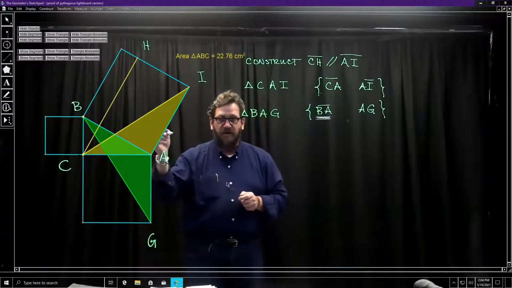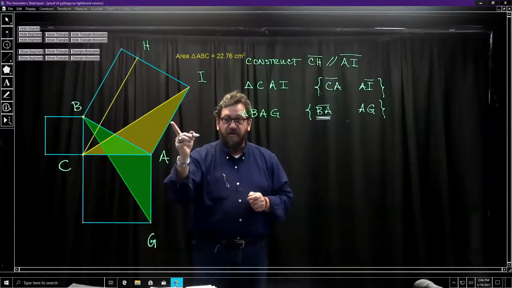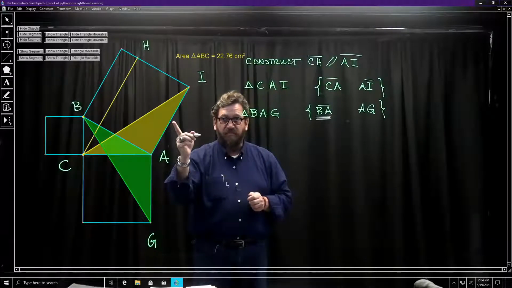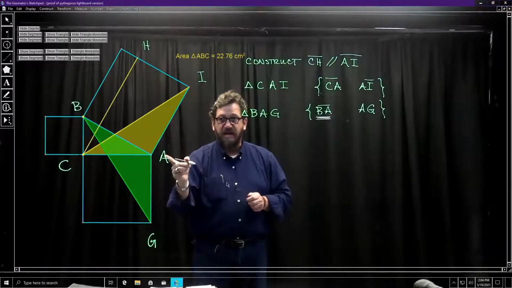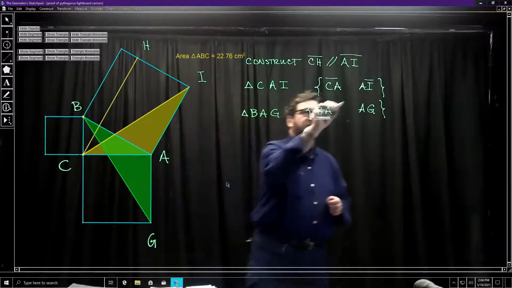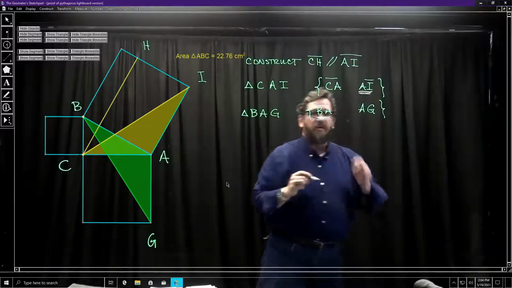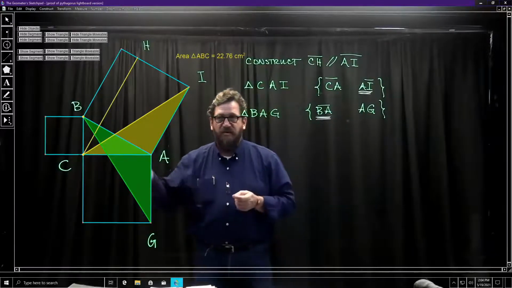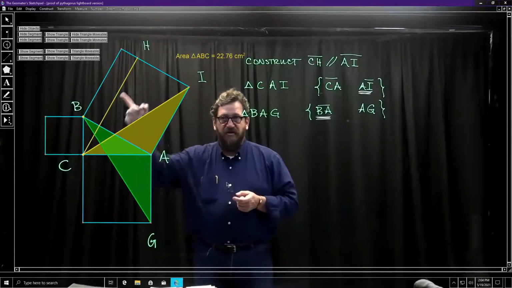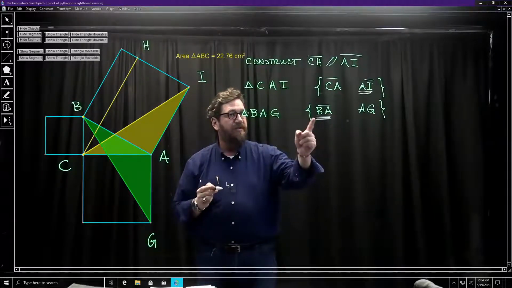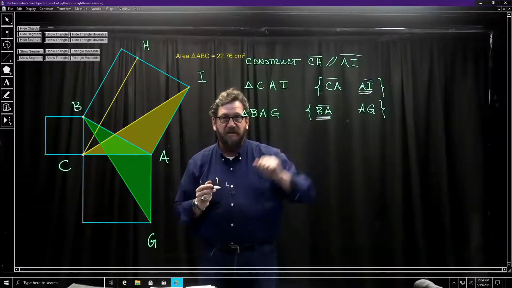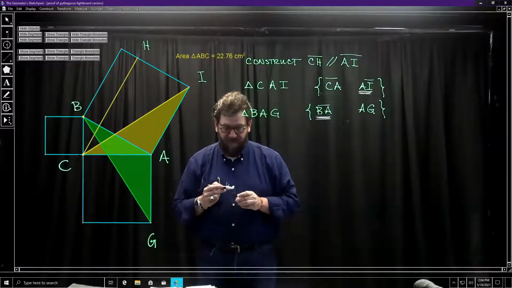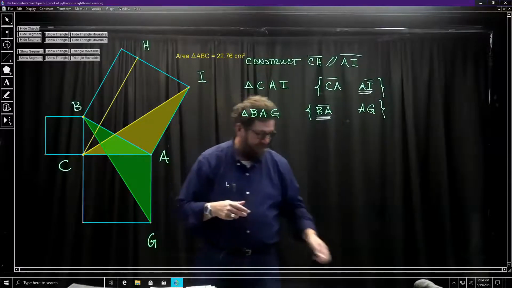The yellow triangle, this one right here, has a side on the square on the hypotenuse, namely A to I. So in other words, since I know that this figure right here is a square, I know that BA must be the same in length as AI. And that's useful to me.